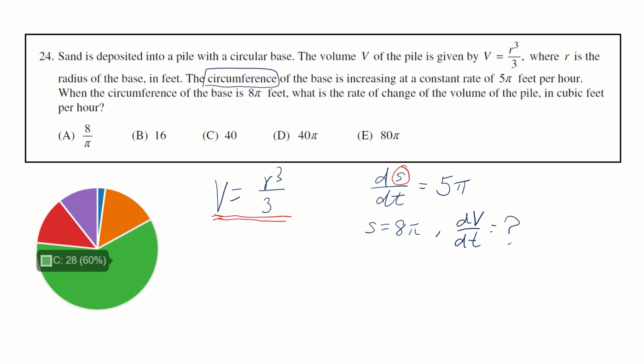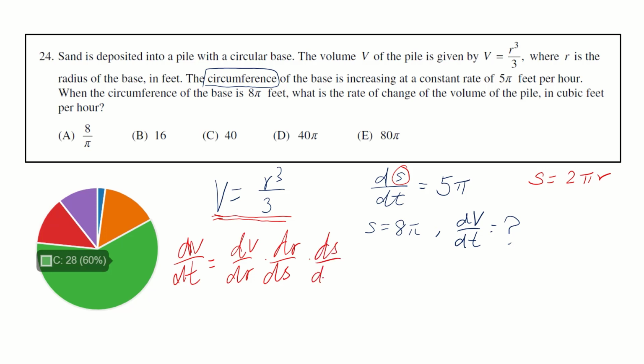We need to relate V, r, and S. So S is a circumference, so we know that S equals 2 pi r. dV/dt can be written as dV/dr times dr/dS times dS/dt. We can get dV/dr using this relation, and therefore this is equal to r squared. dr/dS is actually equal to 1 over dS/dr. dS/dr itself is equal to 2 pi.